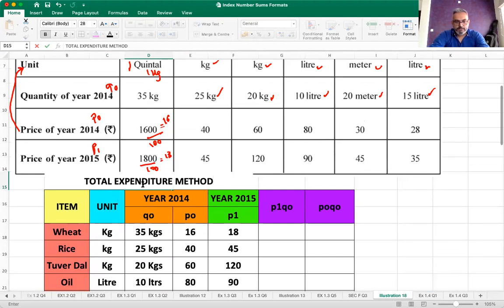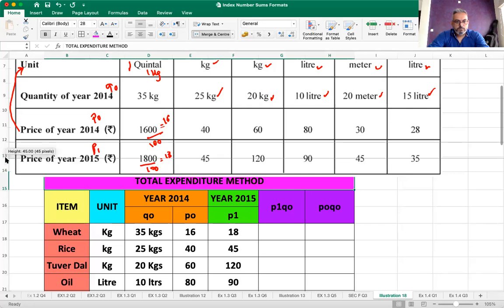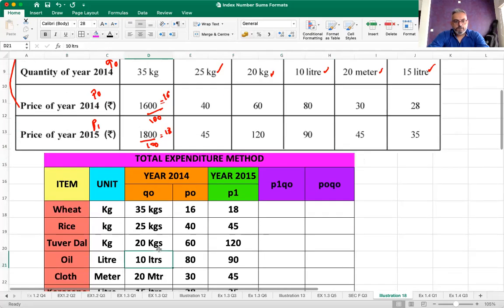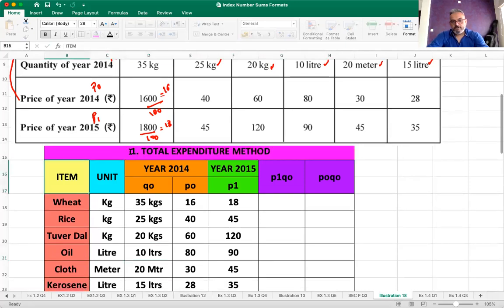So give the heading total expenditure method. So first one, total expenditure method. So formula is P1Q0 upon P0Q0. So nothing to worry, directly.